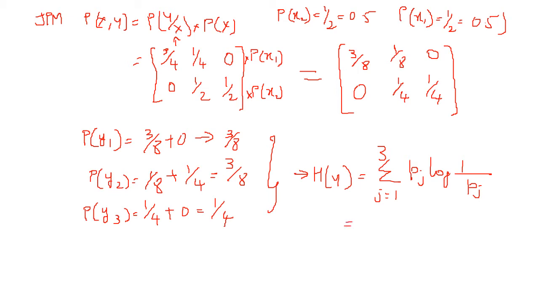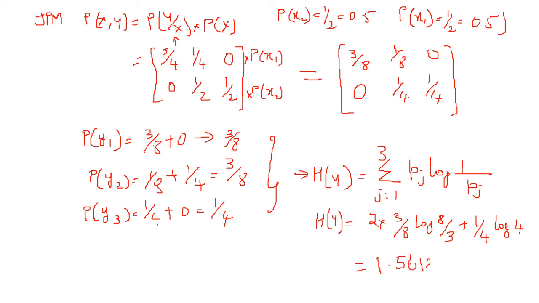So if you substitute the values, H of y will be equal to 2 into 3 by 8 log 8 by 3 plus 1 by 4 into log 4. After substitution, H of y will be equal to 1.56128 bits per symbol. So now we have got the output entropy value.